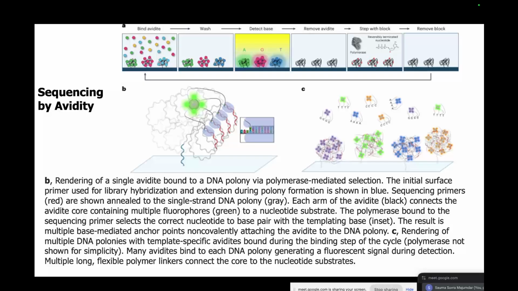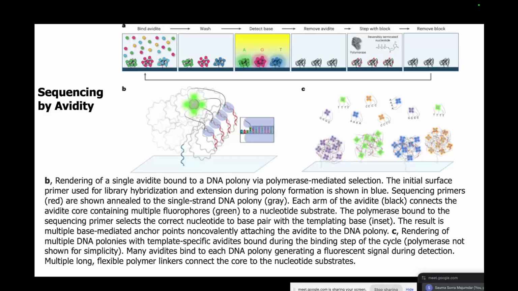The result is multiple base-mediated anchor points non-covalently attaching the avidite to the DNA polony. You use these multiple DNA polonies with template-specific avidites bound during this binding step of the cycle, and you can image these using whatever technique you use for imaging, and then you do the base calling.